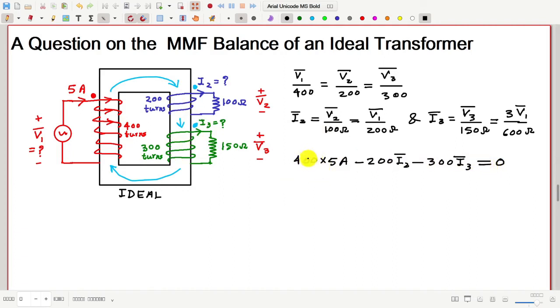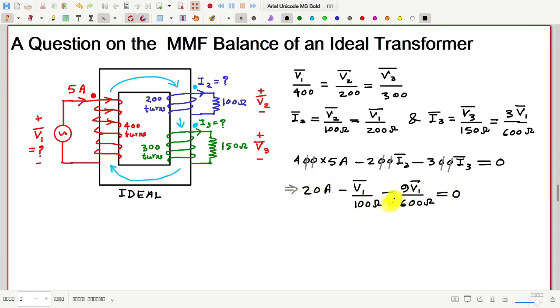Now let me get rid of some of these zeros, and from here we can write 20 ampere minus 2 I2, and I2 is given here, so this will be V1 by 100 ohm, and minus 3 I3, and I3 is expressed here, so that will be 9 V1 by 600 ohm. This is equal to 0.